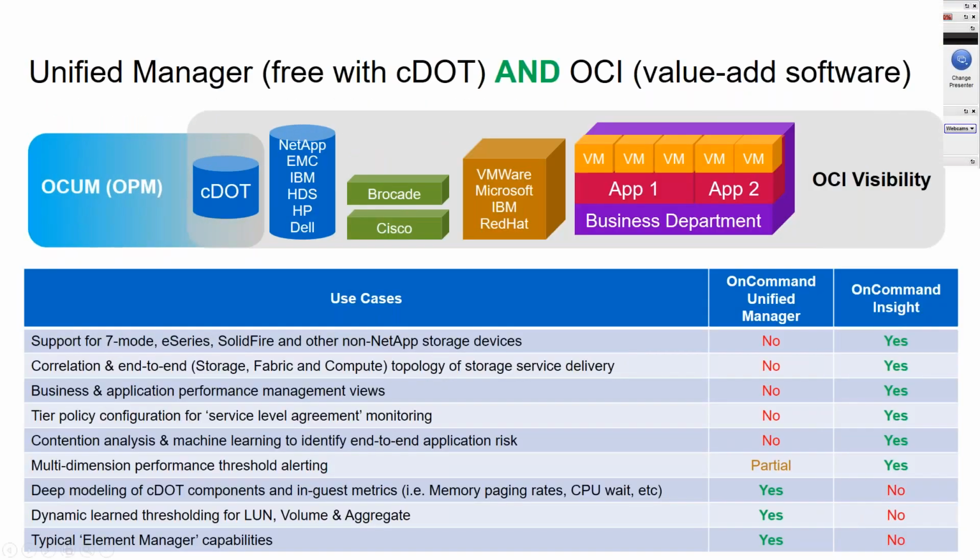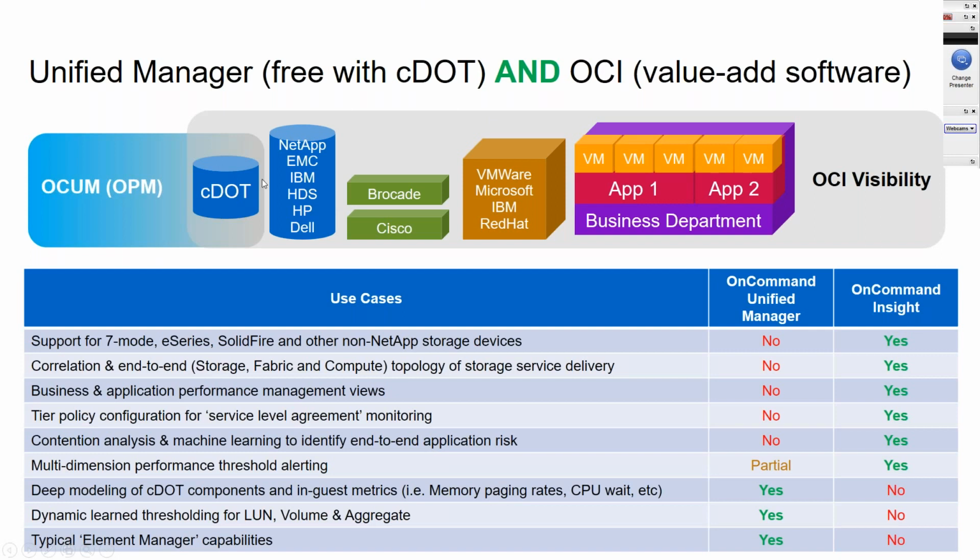And so, yes, OnCommand Insight fits within the OnCommand portfolio. As you can see from the graphical depiction up above, Unified Manager and OnCommand Performance Manager, which in future releases will be pretty much one and the same, really services your CDOT infrastructure. When we look at something like OnCommand Insight, it's looking at the broader end-to-end picture.